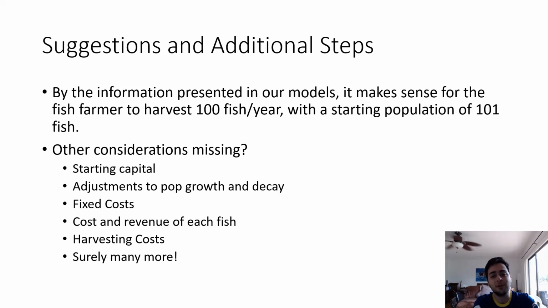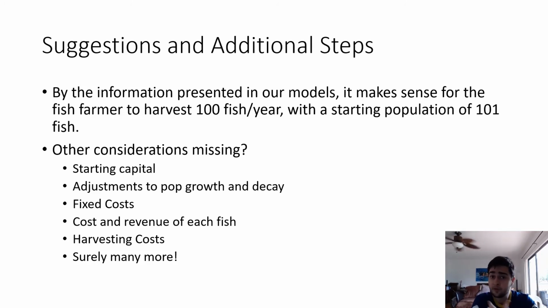So hopefully our fish farming client had a very successful business thanks to our advice. And it just goes to show you that our models can be as simple or as complicated as we want them to be. In our case, we were operating under a very simple logistic growth model, but we could have also considered things such as temperature or the weather expected in a year, which also impacts the population growth of a fish species.